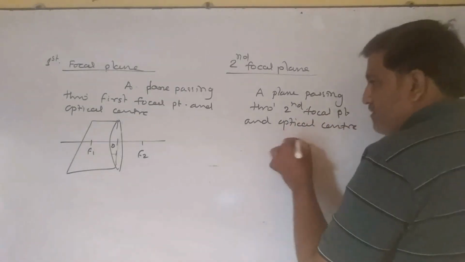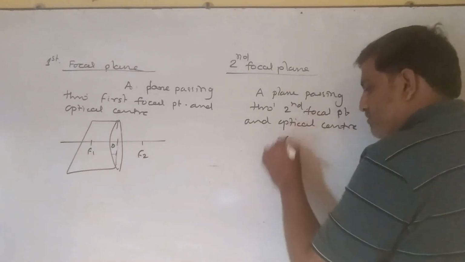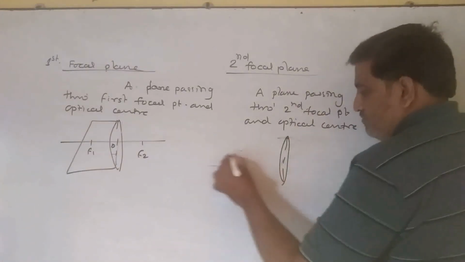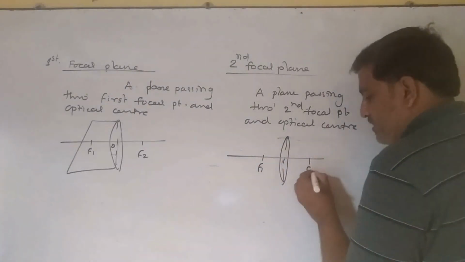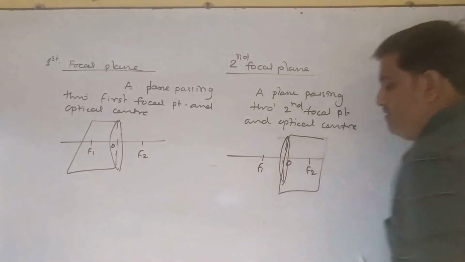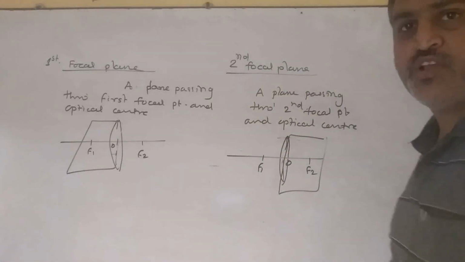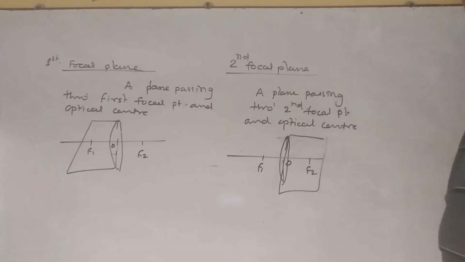So in the same way I will show you: this one section, this one axis. This is the first focal point and this is the second focal point. So the plane passing through the second focal point and optical center is known as the second focal plane.